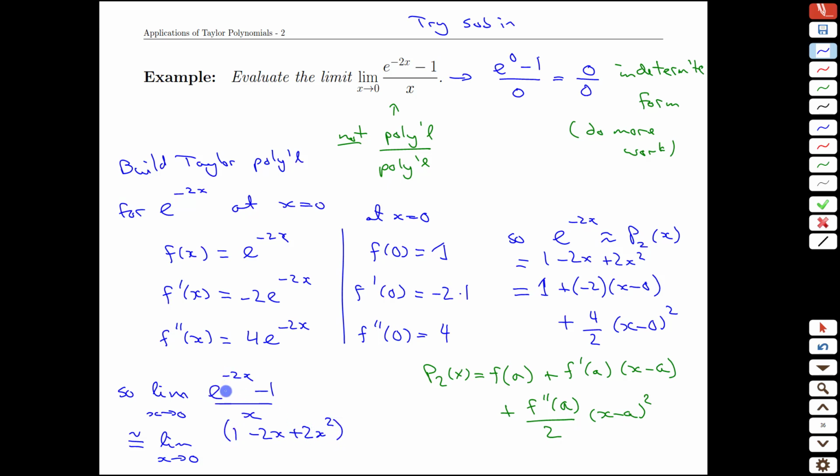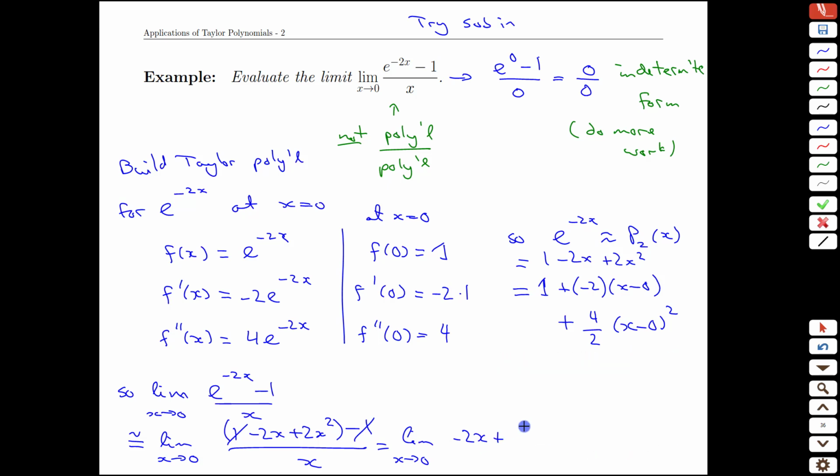That is our replacement for e to the negative 2x. We still have the negative 1 out front, and all of that over x. Oh, well, that gives us some options now. This time we can cancel some of the terms. We can ask what happens as x goes to 0 when we have negative 2x plus 2x squared. I'm just going to erase this content here so we have a bit more room.